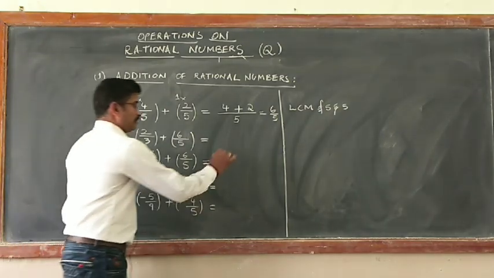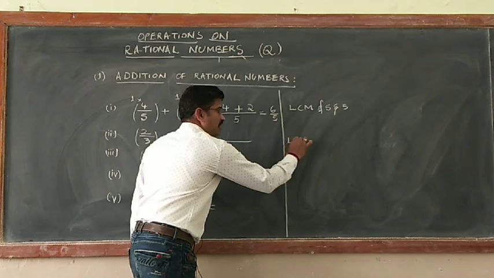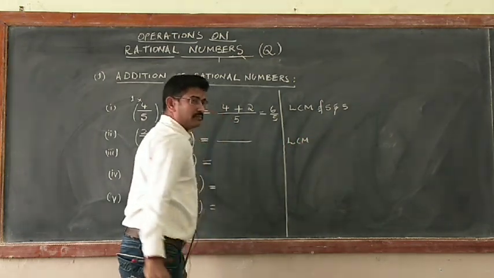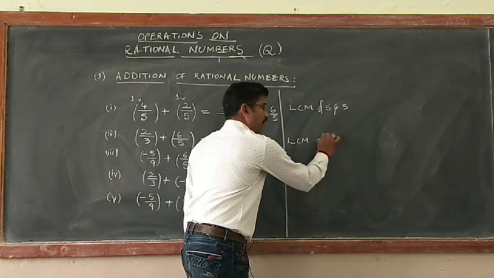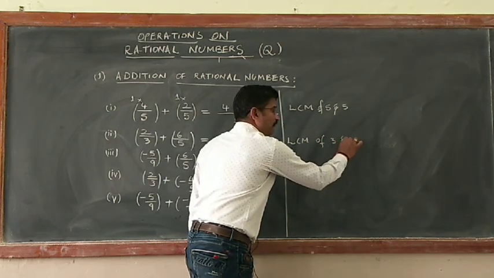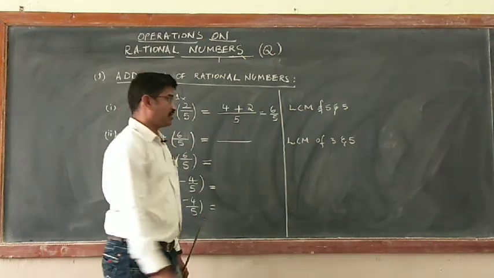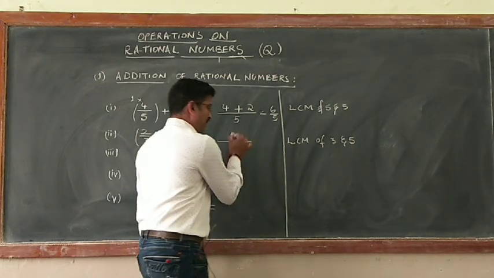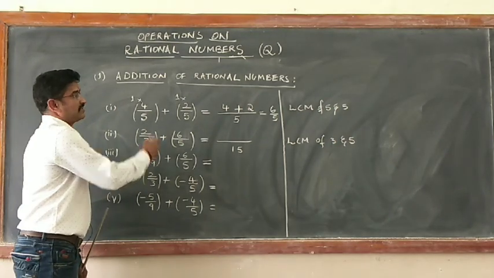We need to take LCM of these two denominators. What is the LCM of these two denominators 3 and 5? With your previous knowledge, it is 15. So, the procedure is similar.